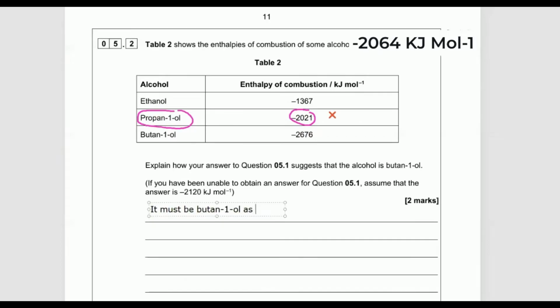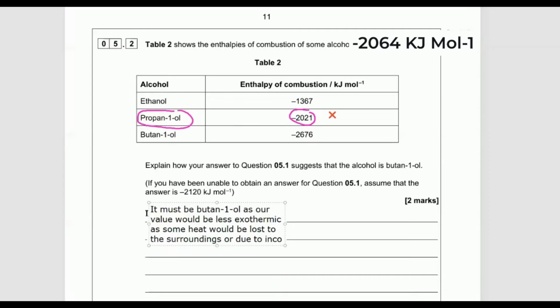So you're always going to lose some heat to the surroundings through the glass and into the air when you do calorimetry. And also, some of the butan-1-ol may not have undergone complete combustion, and incomplete combustion produces less heat. It's less exothermic. So your answer will always be less exothermic than the real true answer.